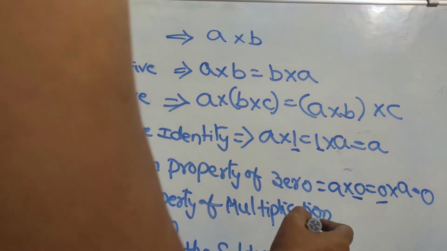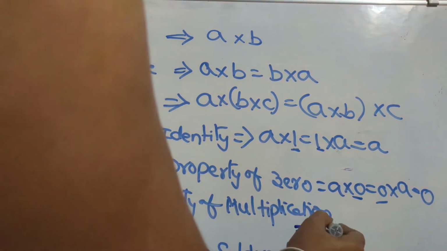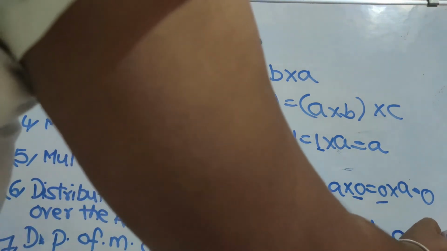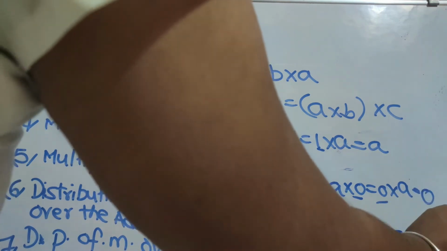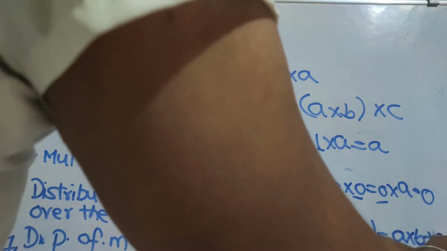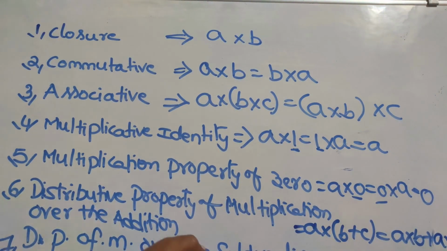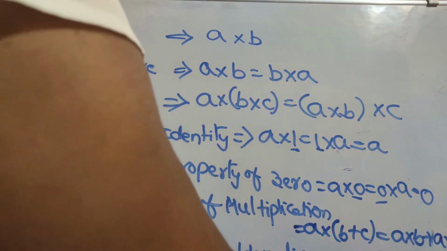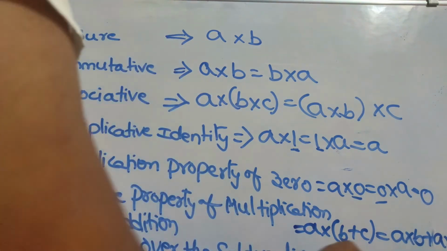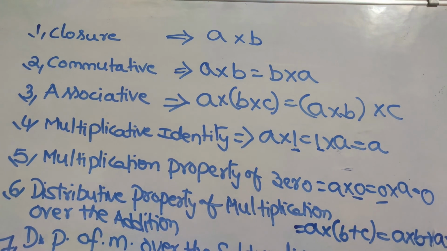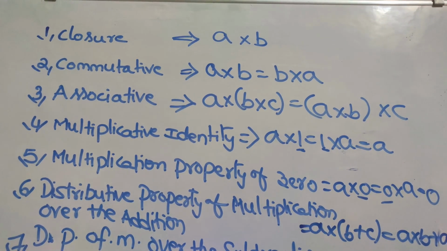Distributive property over addition is a into (b plus c) is equal to a into b plus a into c. Over subtraction is a into (b minus c) is equal to a into b minus a into c, where b is greater than or equal to c. So this ends the multiplication properties of whole numbers.